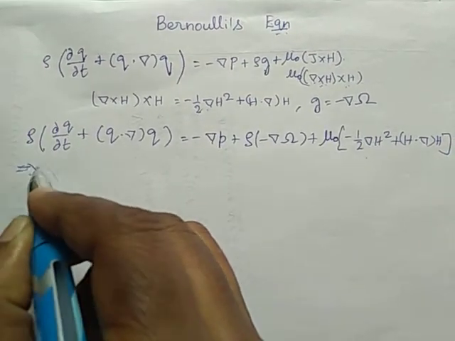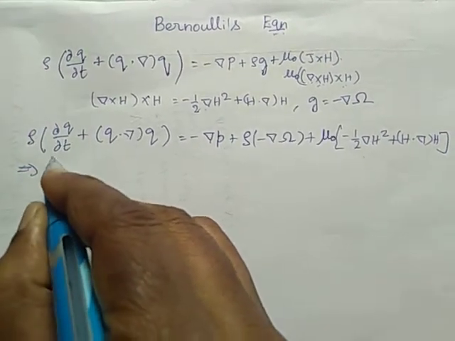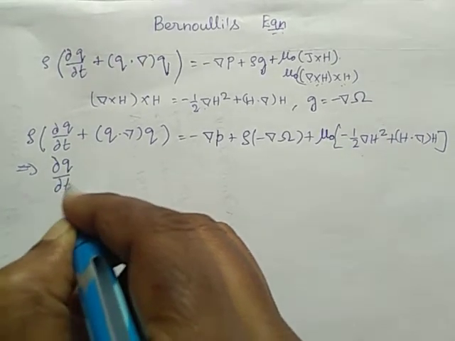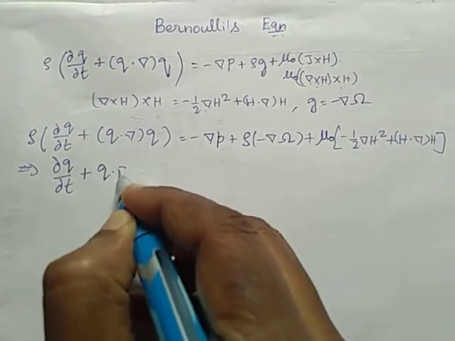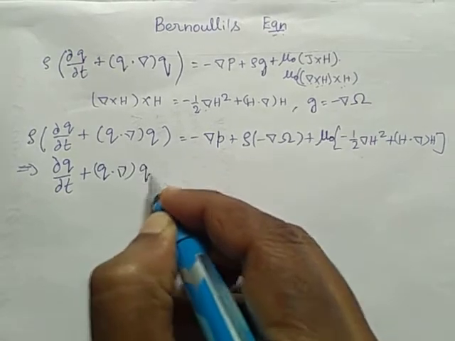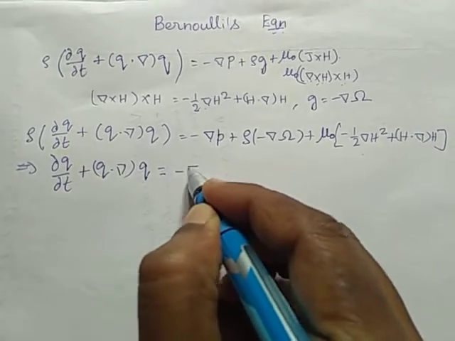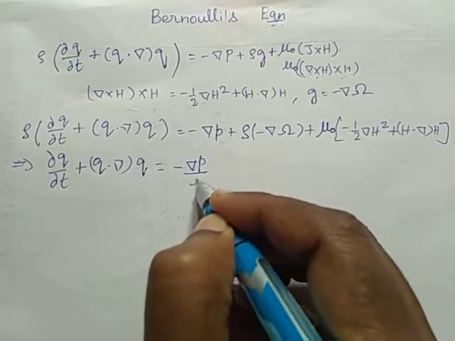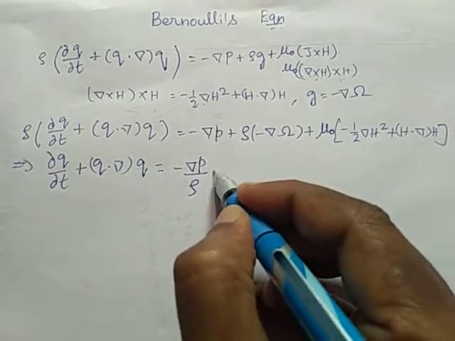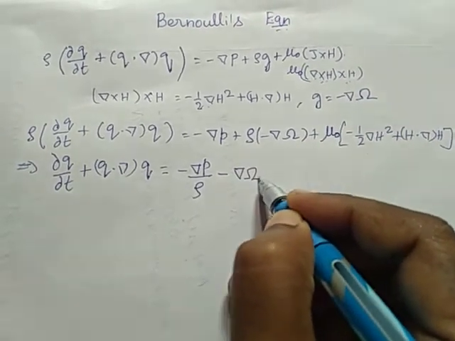So, if I divide the equation by rho, dou q by dou t plus q dot del of q is equal to minus del p by rho. Rho will get cancelled, minus del omega.